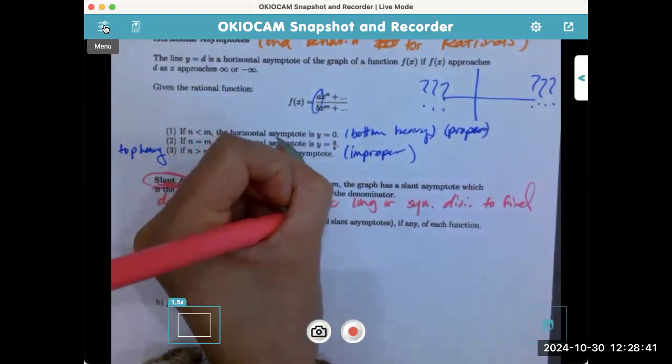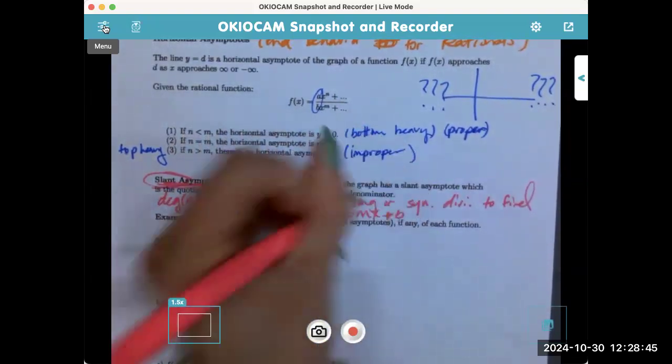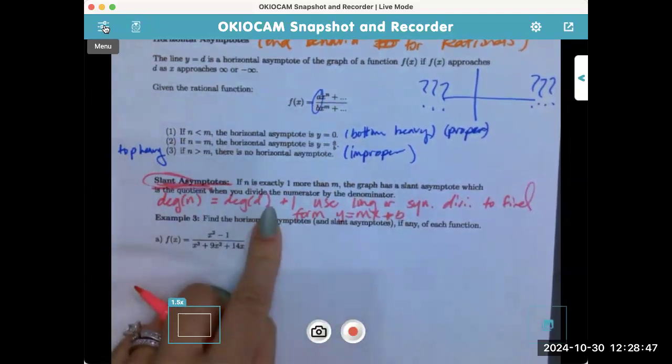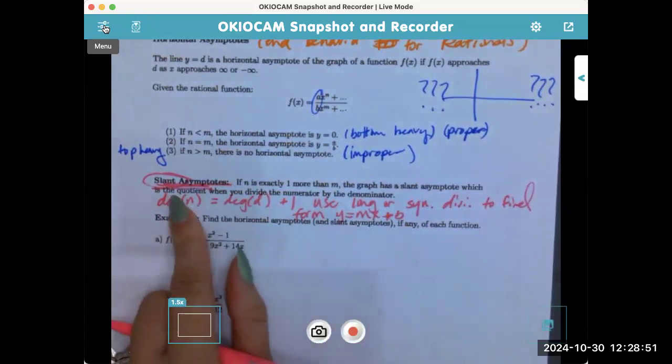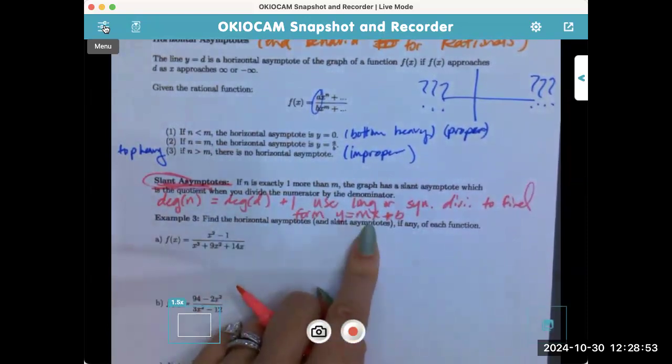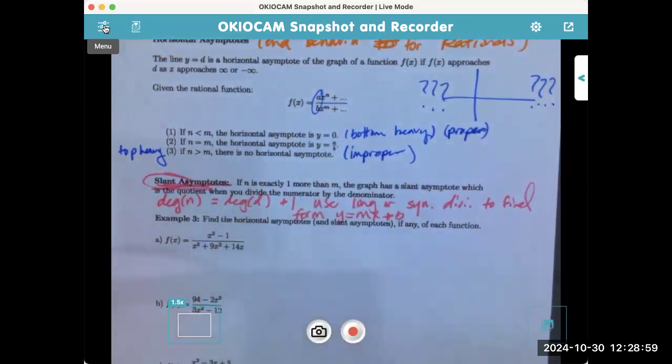It's of the form y equals mx plus b. Because you have this 1 degree difference, it'll always be linear in nature. Your slant asymptotes are always y equals mx plus b.